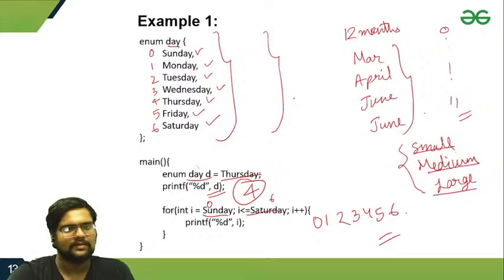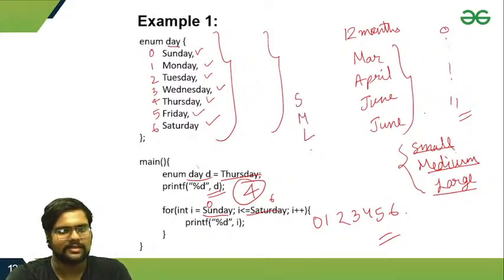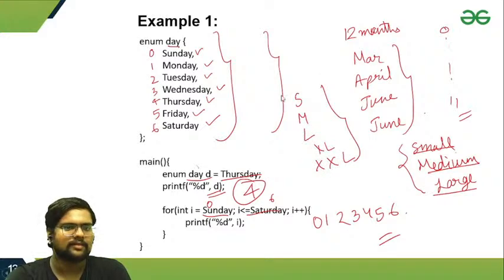So if we want to store some short data, then we can have small, medium, large, extra large, XL, then double XL, etc. So we can define them in the form of an enum.